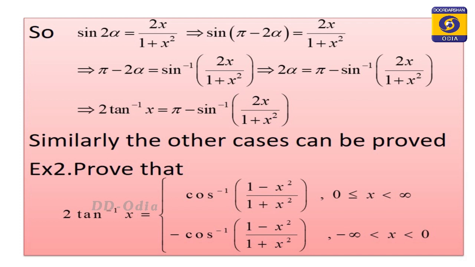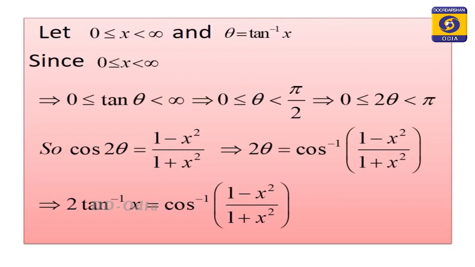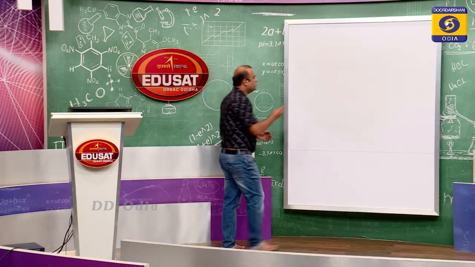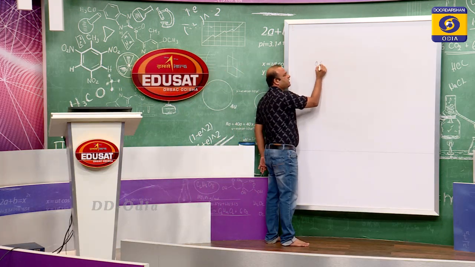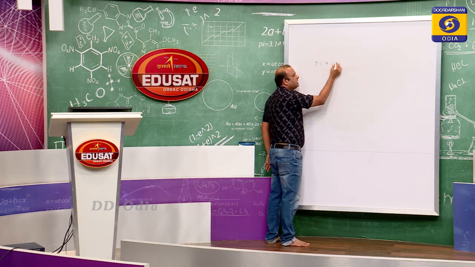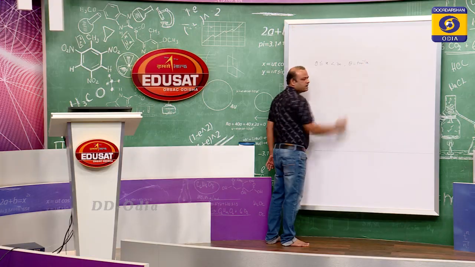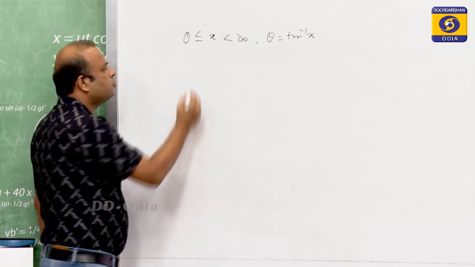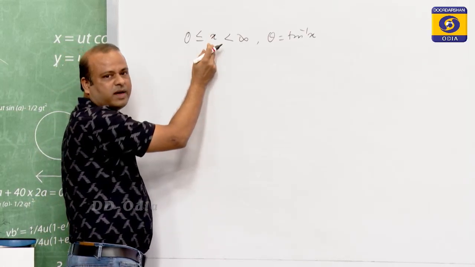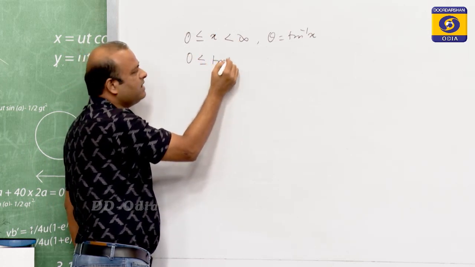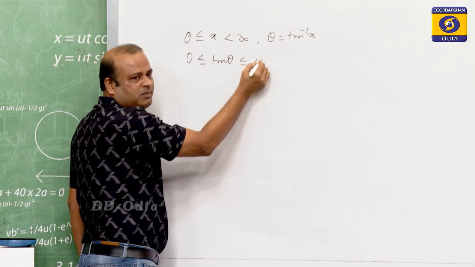So take the case 0 less than or equal to x less than infinity, and take theta equal to tan inverse x, right? Since 0 less than or equal to x less than infinity, 0 is less than or equal to tan theta less than infinity.